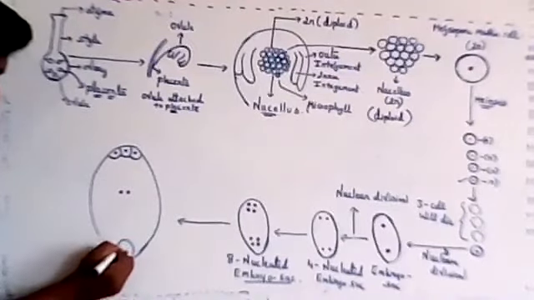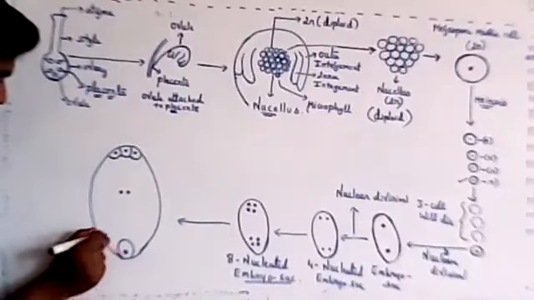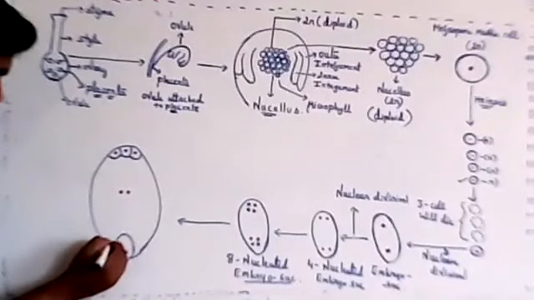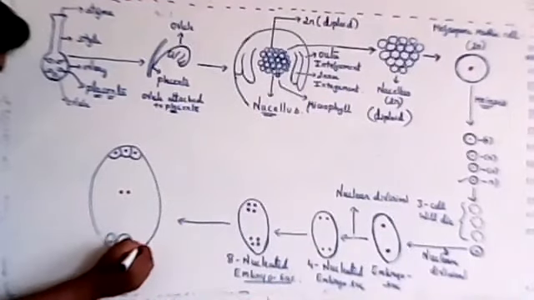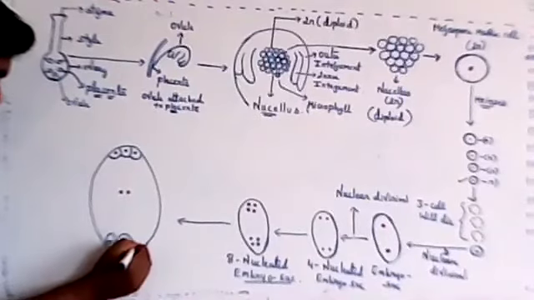Then 3 nuclei will migrate at the bottom. These 3 nuclei which migrated at the bottom also will be laid down by cell wall, so cell wall formation will take place.